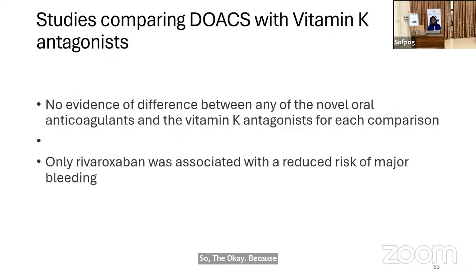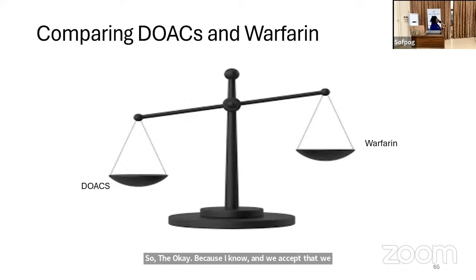There was no difference between the new drugs and vitamin K antagonists, except that the novel agents were found to reduce the risk of major bleeding. Right. So we're comparing direct oral anticoagulants and warfarin.